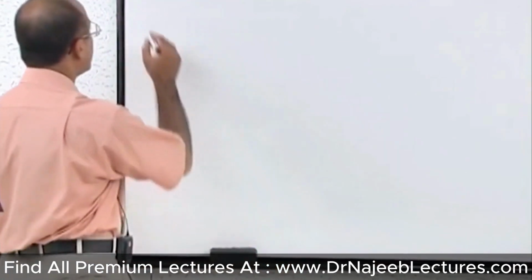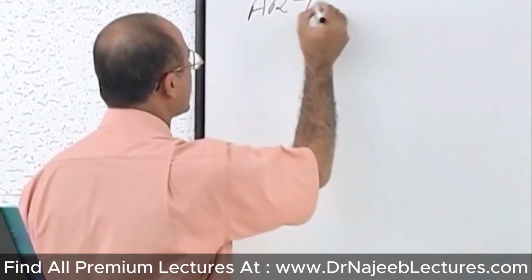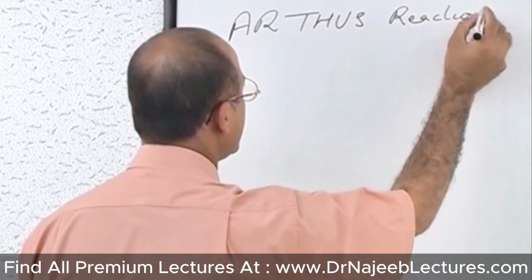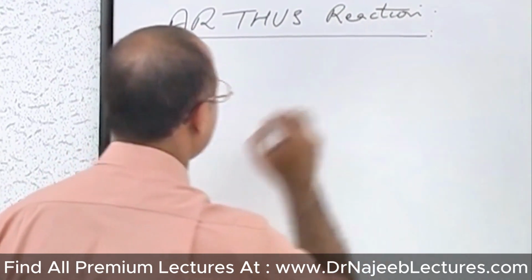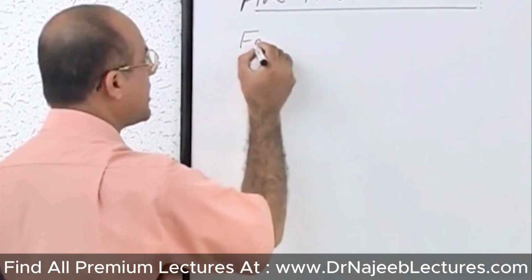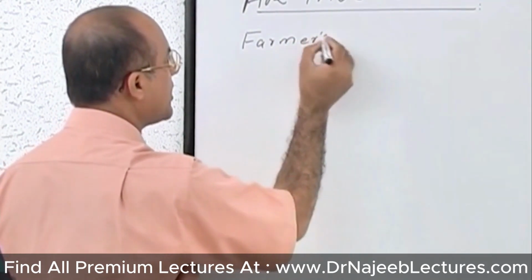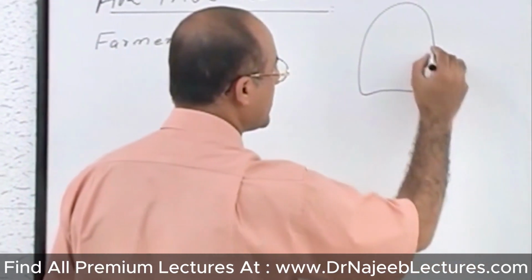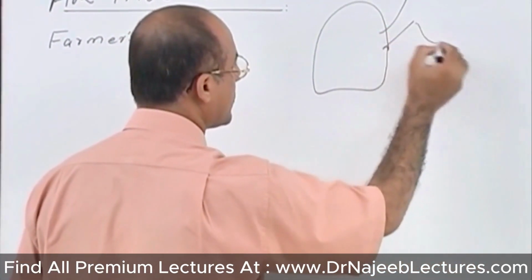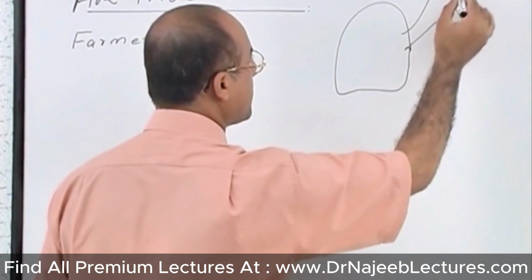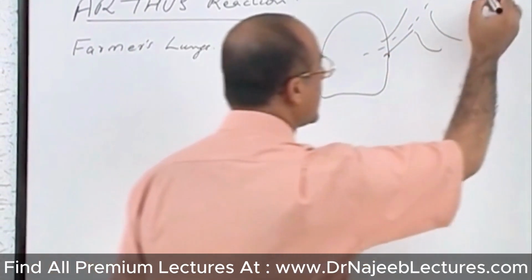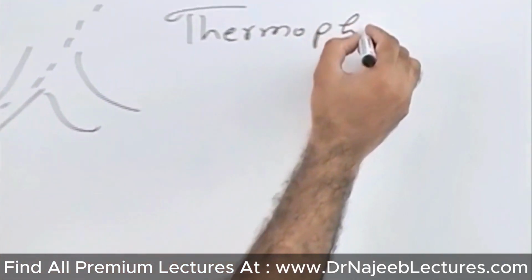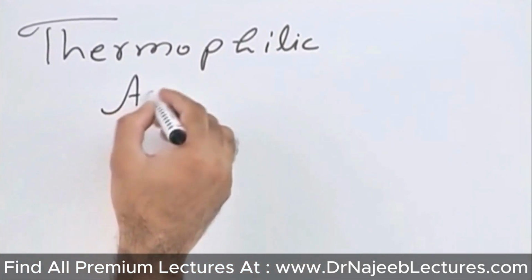Arthus reaction, which is a localized type 3 hypersensitivity reaction. In farmer's lung, a special type of pneumonitis, let me tell you what really happens: in their lungs, first fungi come. These are thermophilic actinomycetes.